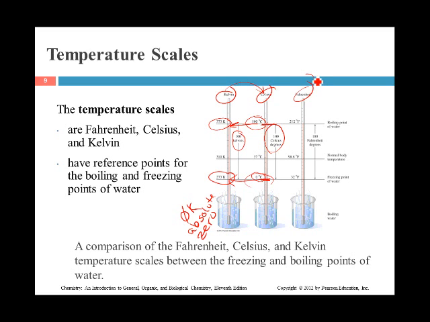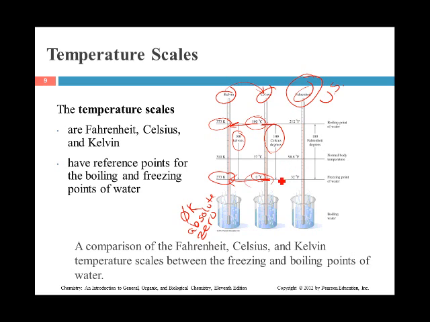Now, on the right-hand side, you'll see Fahrenheit. Fahrenheit is only for the U.S. People don't usually use Fahrenheit anymore. In fact, if somebody comes into the country, they're usually really confused by the different unit scales that we use.